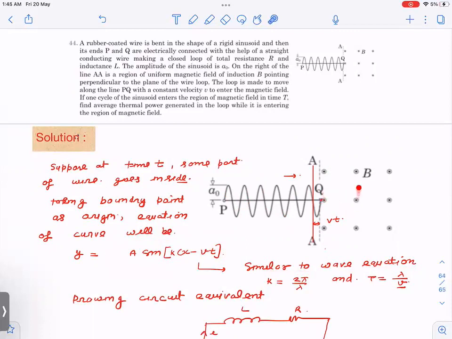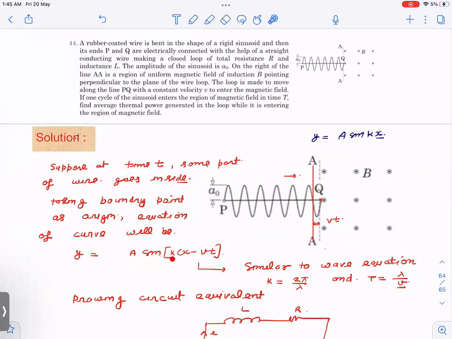So if you complete this, this is actually the equation y equal to a sine kx. Since it is moving with the velocity v towards right, x will be replaced by x minus vt. Correct? So that is what I have done. That will give us the equation of this wave, which is moving towards right. Fine. So this is the equation.